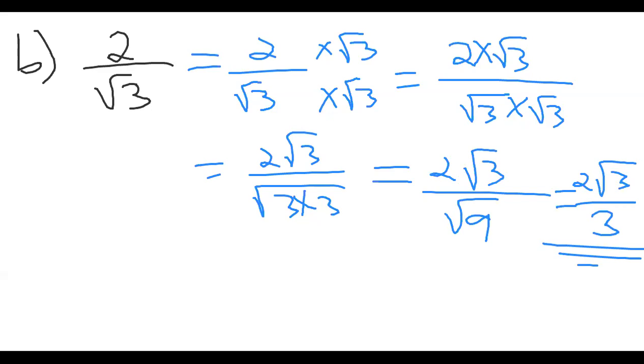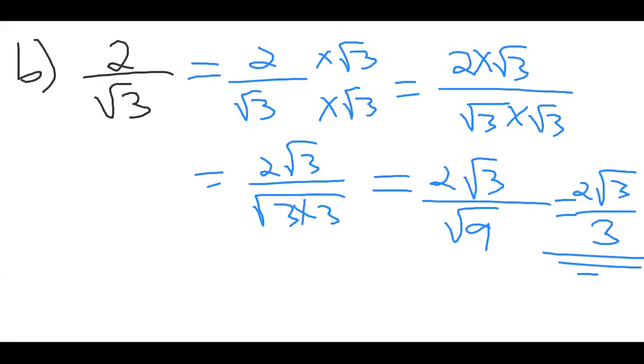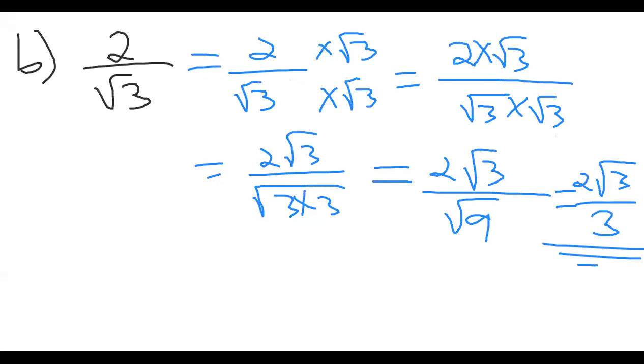And by the way, on this one again, they may ask you to rationalize the denominator and write your answer, or express 2 out of root 3 in the form a root b.